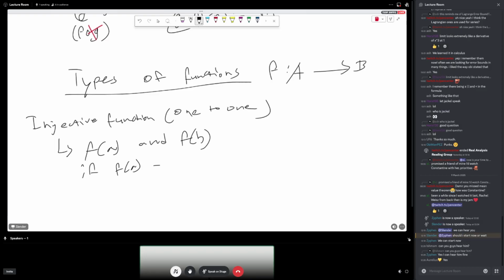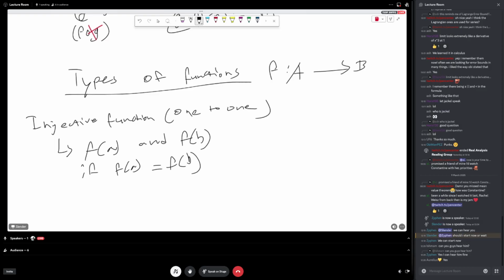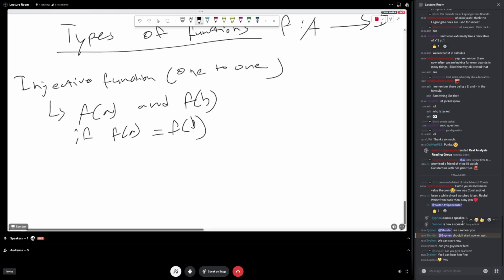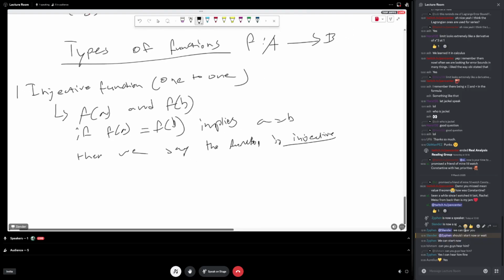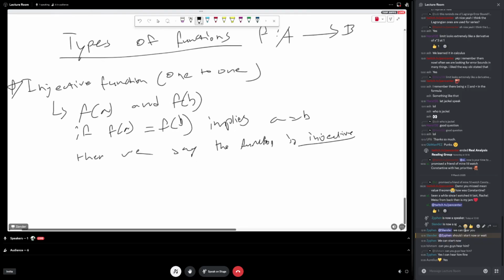If f of a is equal to f of b implies a equals b, then we say the function is injective. So that's the injective function.